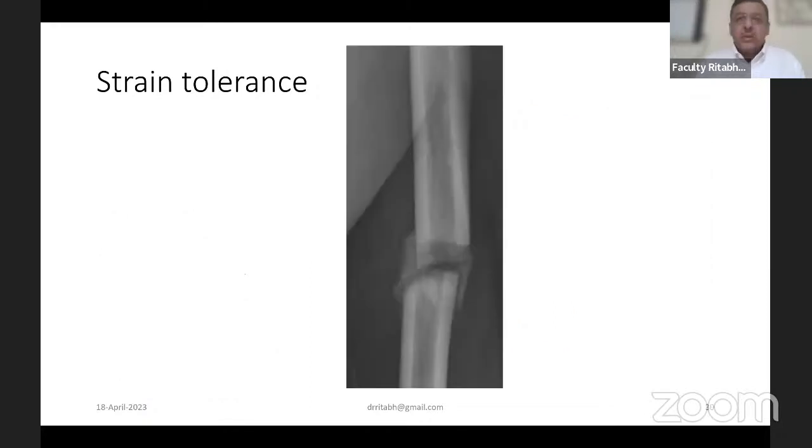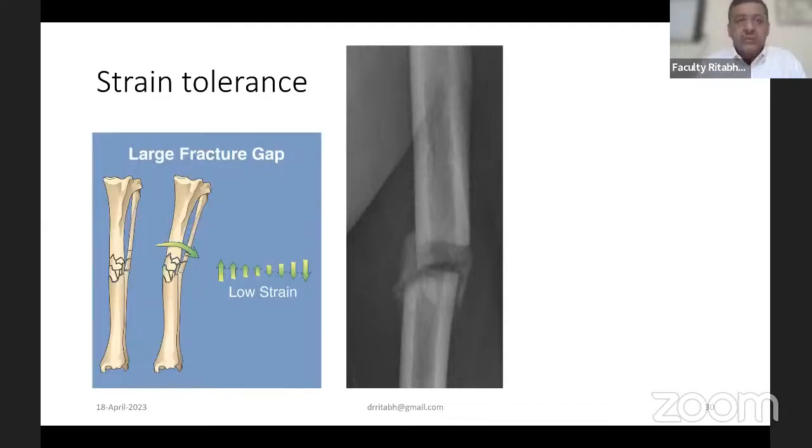So strain tolerance in this conservatively managed humeral fracture. There was a large fracture gap, so the strain on the healing tissues was low, bone, callus.